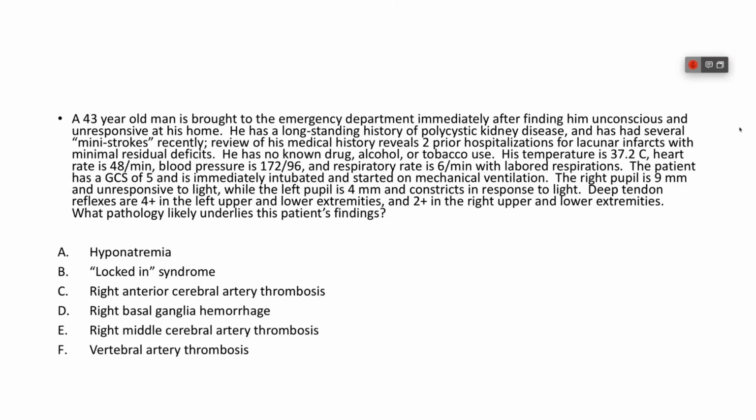So if I go back to polycystic kidney disease, as David mentioned, he said it's a genetic defect that causes an aneurysm, but I can't remember the pathophysiology of polycystic kidney disease. All I do remember is there's an association with it.